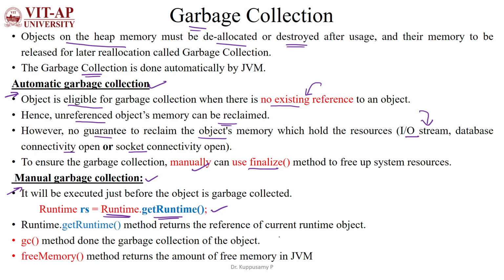After getting the current runtime object, we can apply the garbage collection method, gc, to collect the garbage, that means the unreachable objects' memory space allotted earlier in the program's execution. And if you want to know the free memory space, you can apply the freeMemory method, which returns the amount of free memory available in the Java virtual machine.